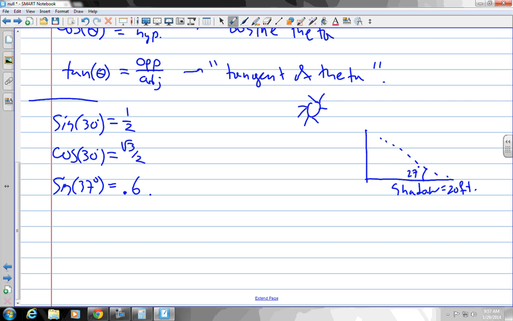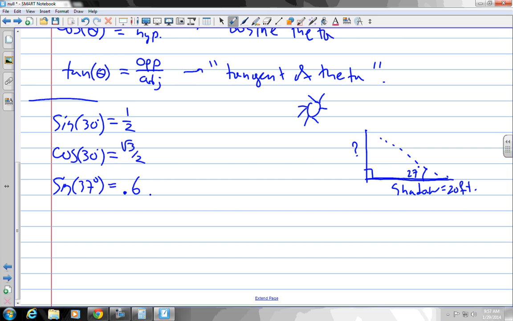Can I find the height of that tree? That's a very legitimate way to measure the heights of things. Here's the right triangle, and here's the angle that is given. The other angle you can always find, 90 minus whatever this is. You know the length of this side, you're looking for the length of that side.